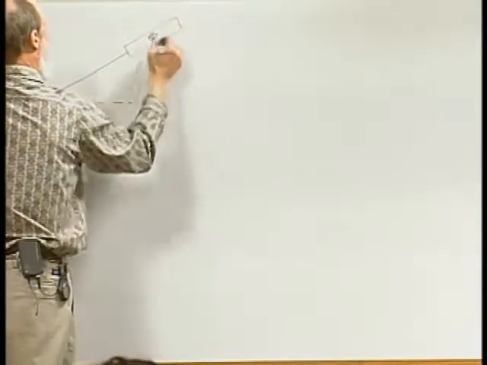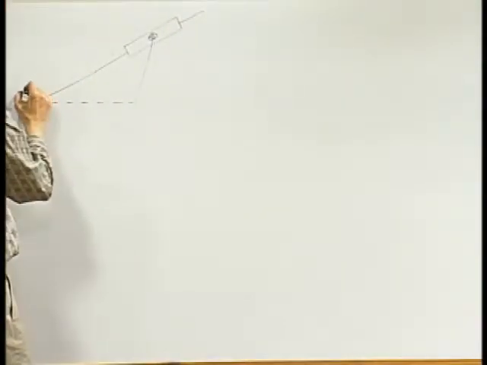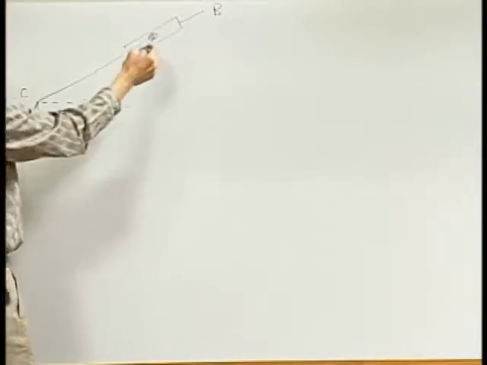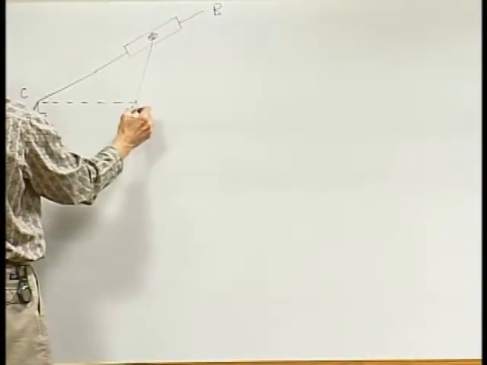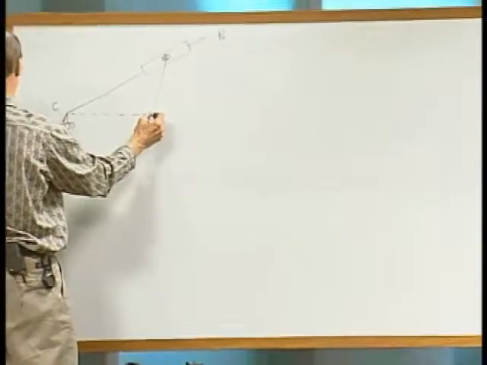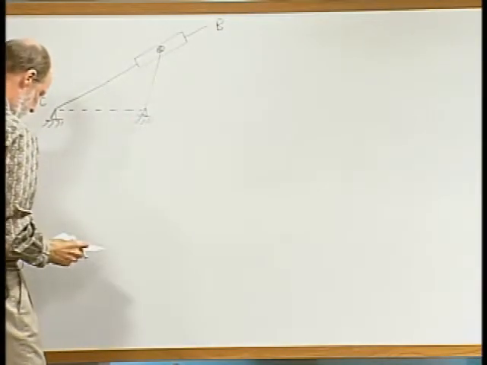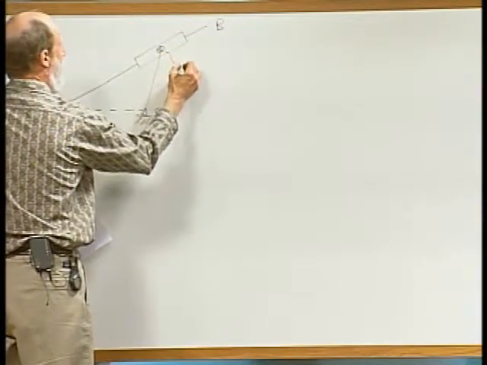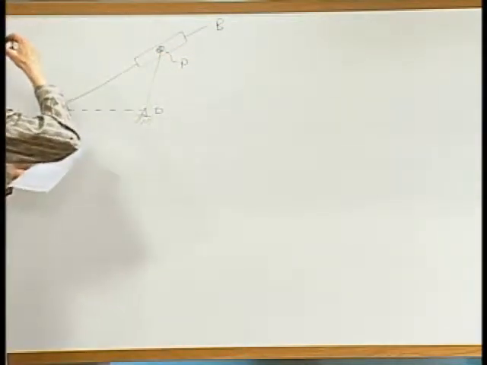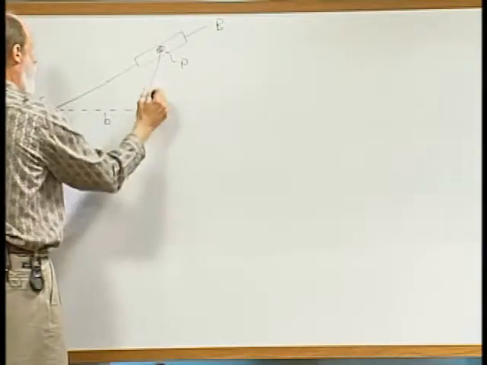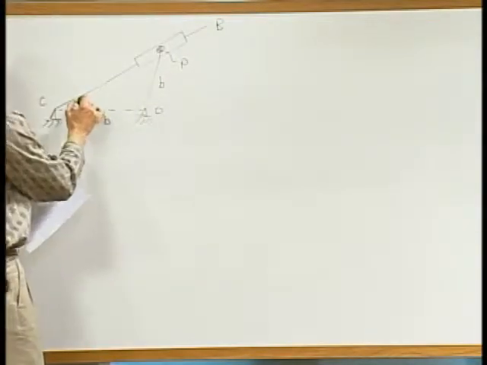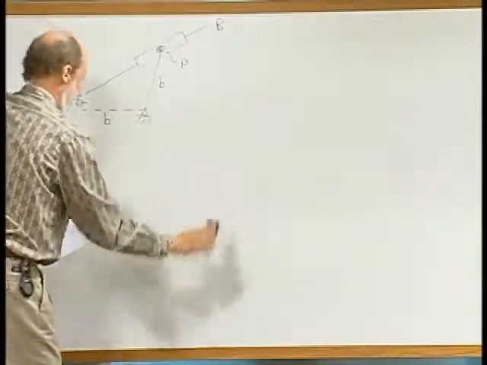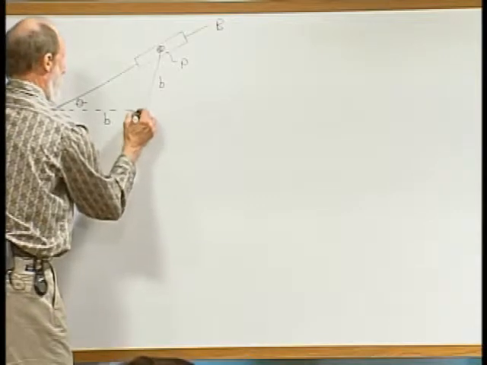And this is a guide member CB, and the pin is hooked down to a rod that connects over here to point O, I believe. And then that pin is P. And these distances, this is some fixed length B, and here's B, here's theta right here. And this is point O.